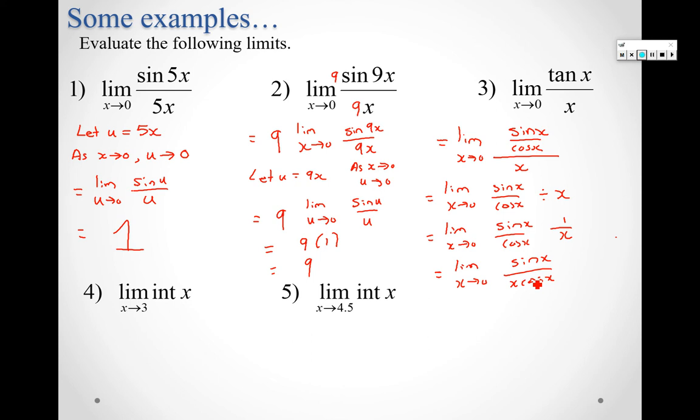Now, can you see it? What has to happen here? It's almost there. It's kind of there, but it's not. Give this a stare down for a second. Sine x over x. Give this one a stare down. Sine x over x.